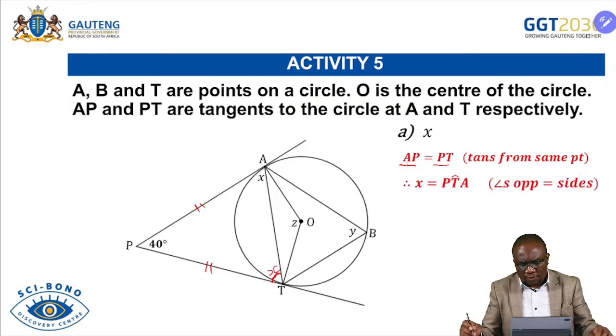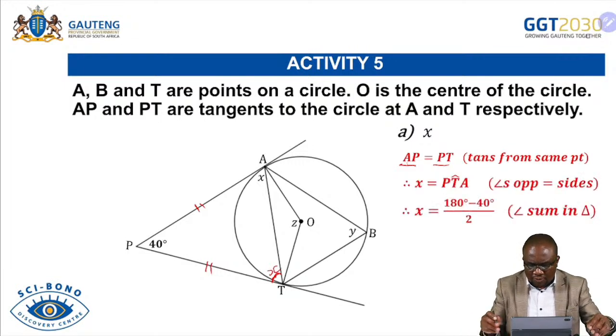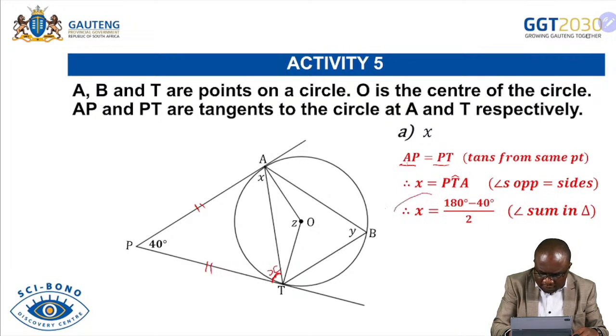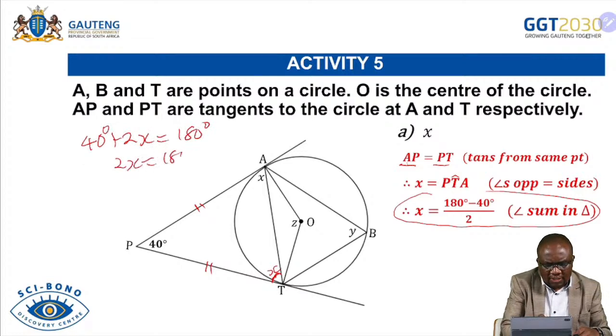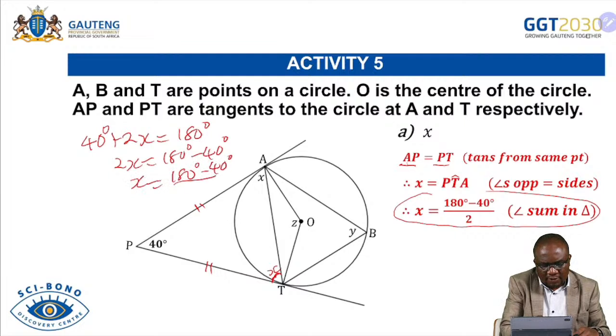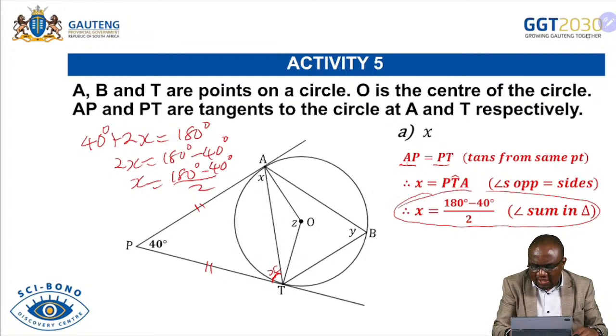Maybe this one moves very fast and people get confused, so let me just do it here. 40 plus 2x is equal to 180 degrees, so 2x is equal to 180 degrees minus 40 degrees. And then to get your x, x is equal to 180 degrees minus 40 degrees, divided by 2. This is where this one is coming from.